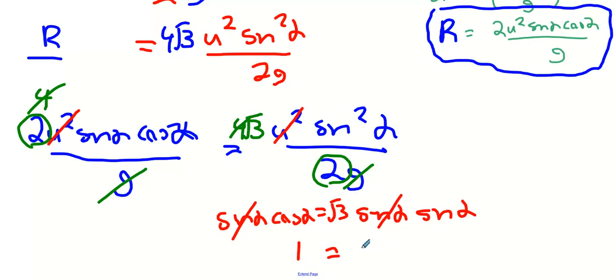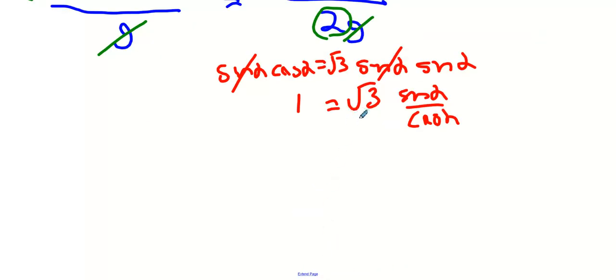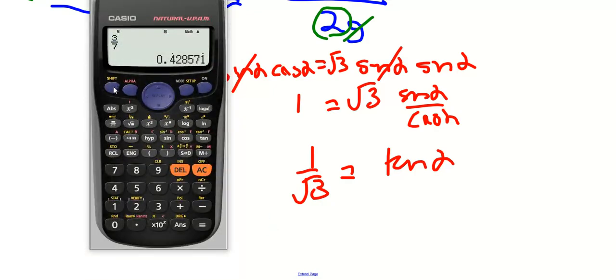Sine alpha. And what do I do with the root 3? Bring it underneath the 1. And change that into tan inverse, please. 30 degrees.